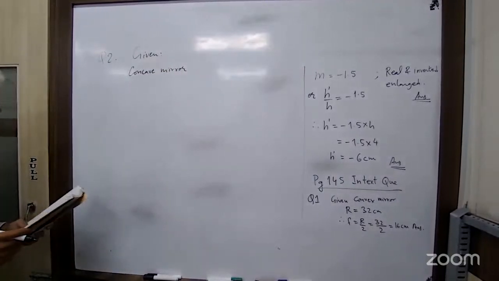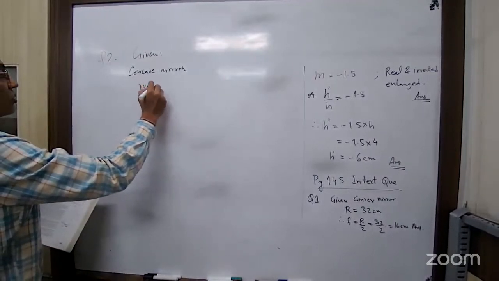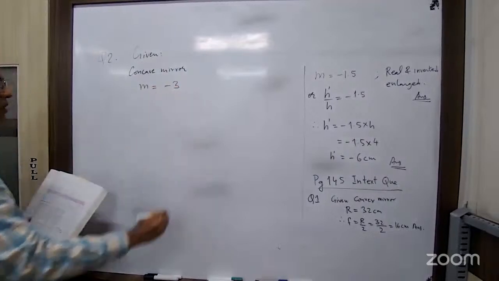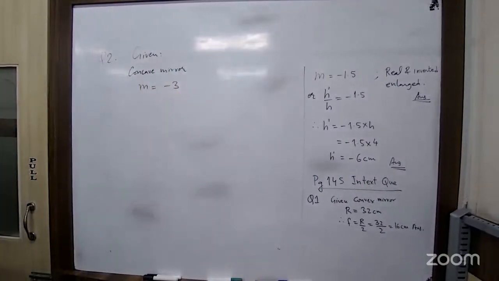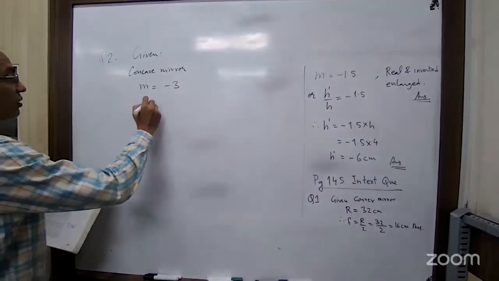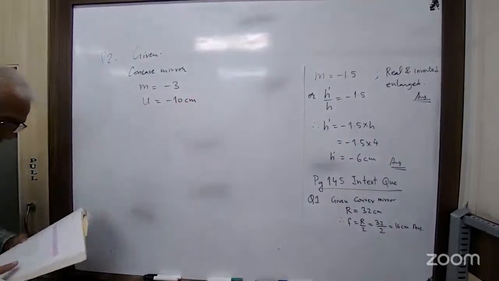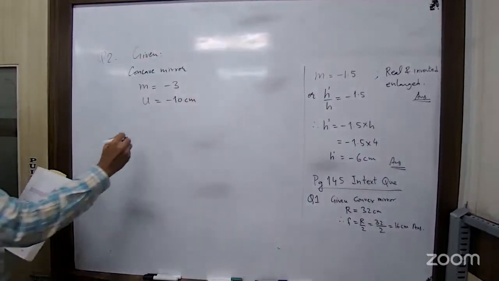It produces 3 times magnified enlarged image, meaning m is equal to minus 3. This is given to you. An object is placed 10 centimeter in front of it. This is also given. Where is the image located? You have to find v.